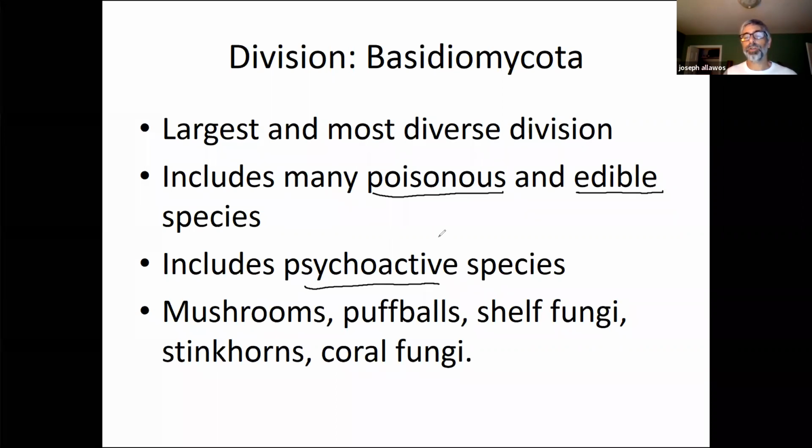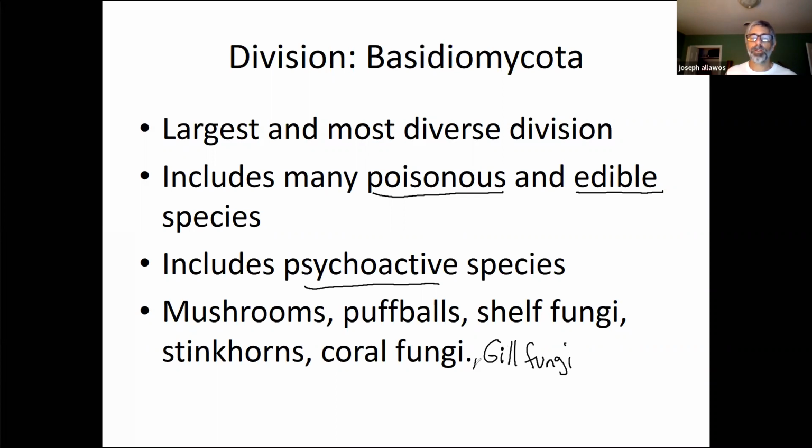Okay. It also includes Amanita muscaria, the fly agaric, which has a different set of chemical alkaloids that can induce a semi-comatose state. Okay. Some common names: mushrooms, puffballs, shelf fungi, stinkhorns, coral fungi are just a few of the common names. Gill fungi might be another way you could think of this group.